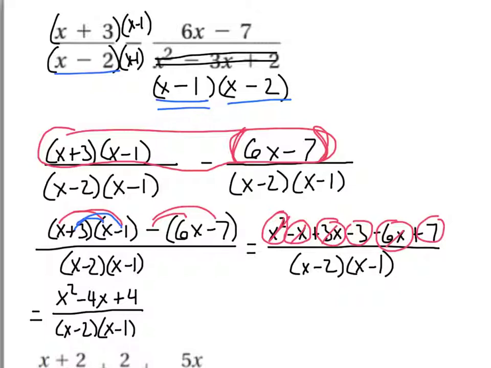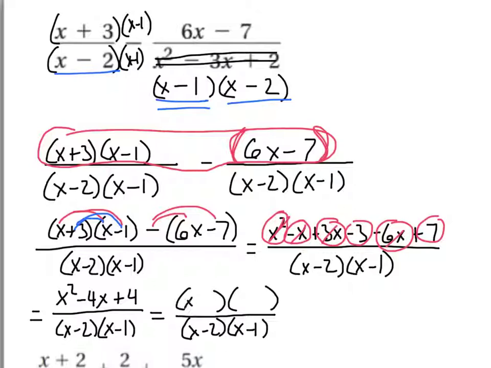Well, okay, we got it all added together. Now the last thing to do is to see if we can simplify this fraction. So we need to factor that trinomial on top. We need two numbers that when we multiply them give us positive 4, but when we add them give us negative 4.